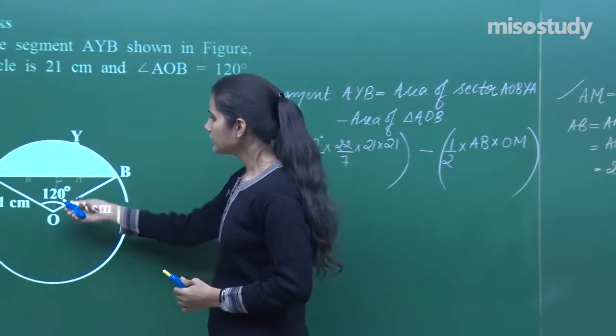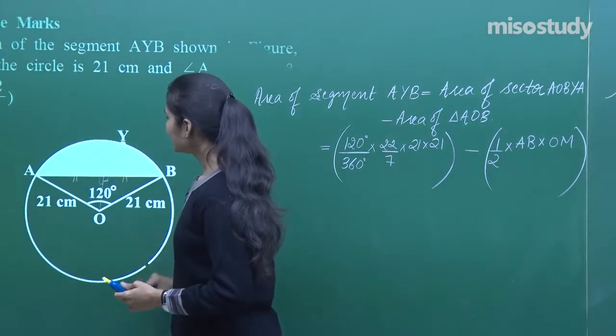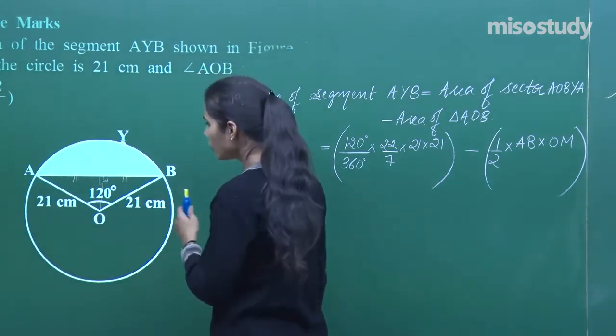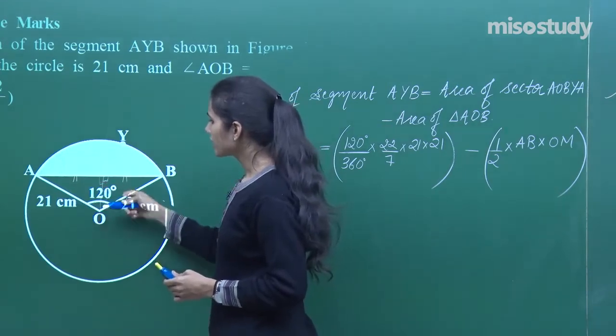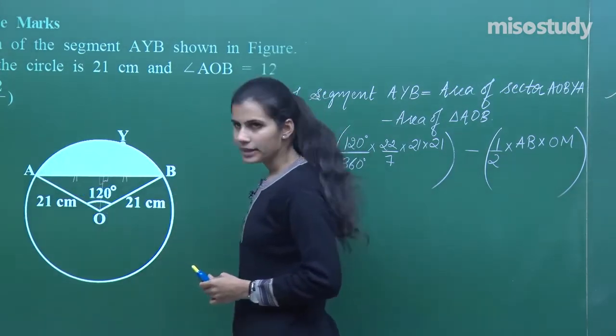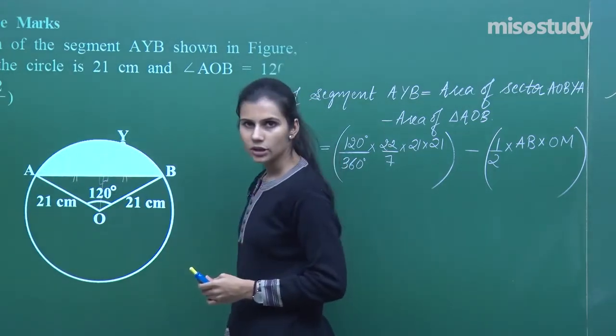Now focus upon this. AOM is a right angled triangle. Focus on these two triangles AOM and BOM. OA is equal to OB because it is the radius. OM is equal to OM because it is the common side.